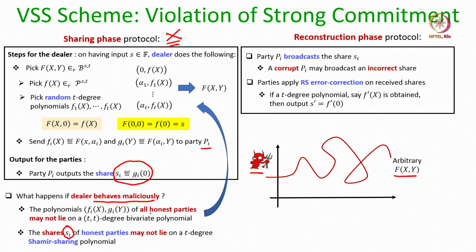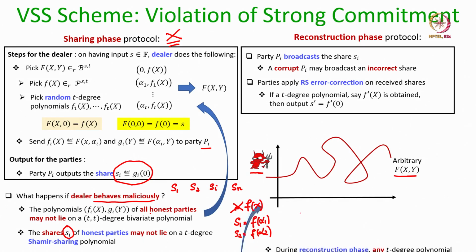So P1 is doing that, P2 is doing that, Pi is doing that, Pn is doing that. If the dealer is corrupt, then I am claiming there is no single t degree f(x) polynomial such that S1 is f(alpha 1), S2 is f(alpha 2) and so on. That is not happening if the dealer is behaving maliciously.